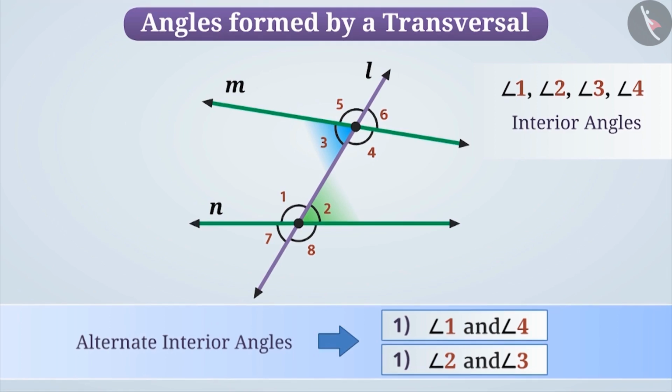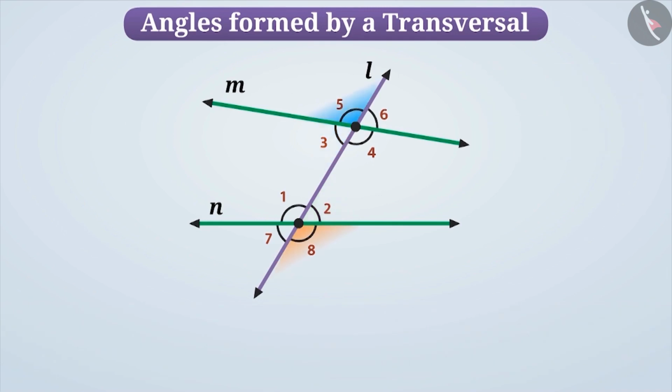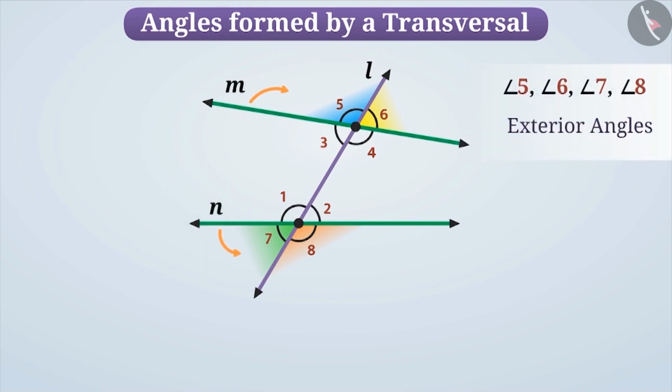Similarly, can you find a relation between the angles angle 5 and angle 8? Think for a while. Let me tell you. If we talk about angle 5, angle 6, angle 7 and angle 8, then all of these angles are on the outside of lines M and N. That is why they are exterior angles.